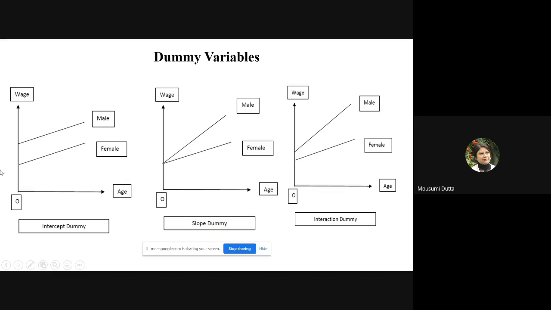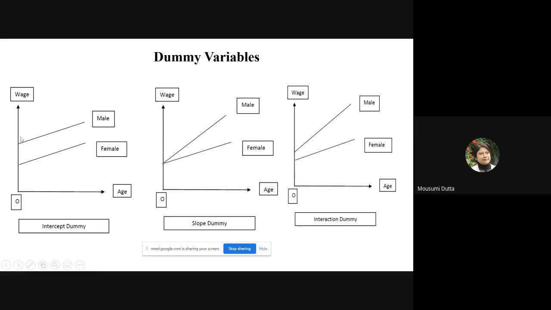Now, if we look at this slide, we are getting different pictures. Always we are considering two categories, male and female. Gender basically is the concerned variable. So it may happen that we are trying to measure whether age actually is indicating the experience, so as experience varies, whether wage varies or not.